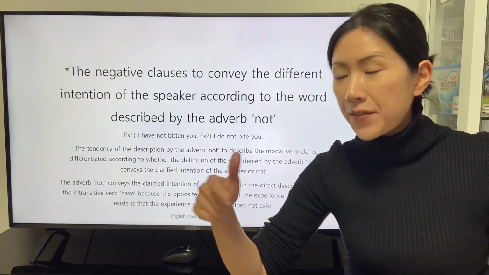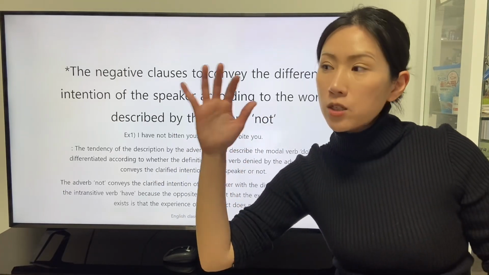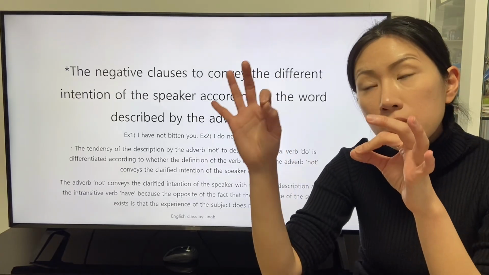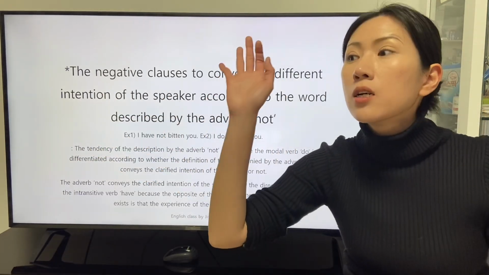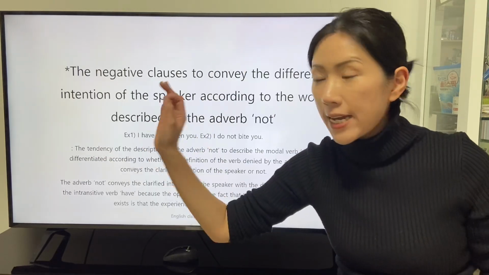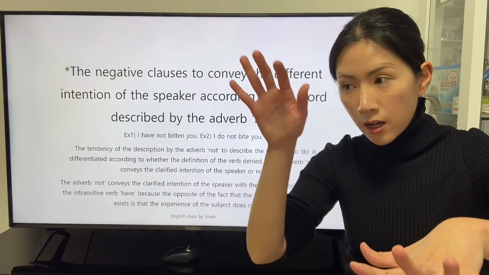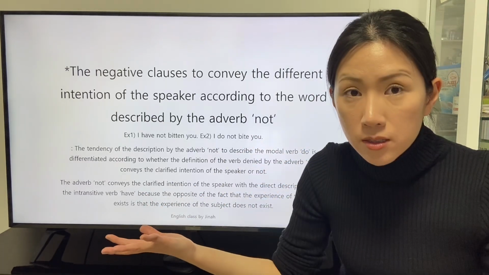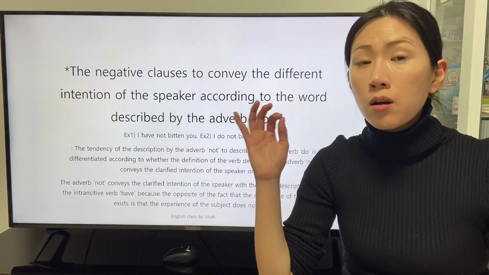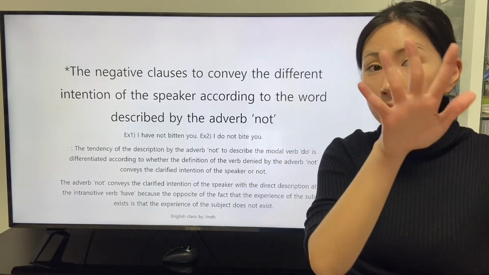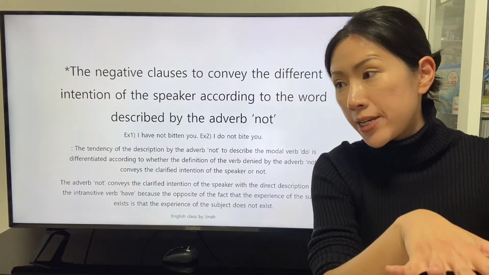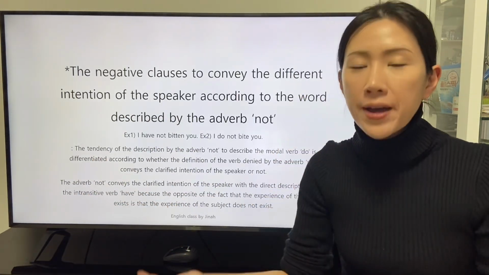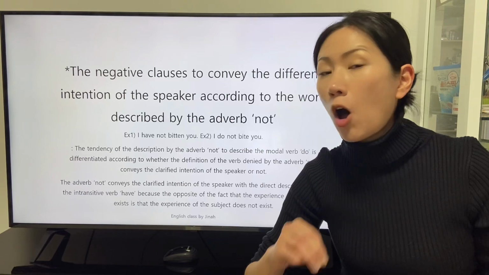The opposite definition that the be verb conveys to describe the existence of the subject is that the subject does not exist. The existence and the non-existence are clarified as the opposite. And the existence of the experience and the non-existence of the experience are clarified as the opposite.